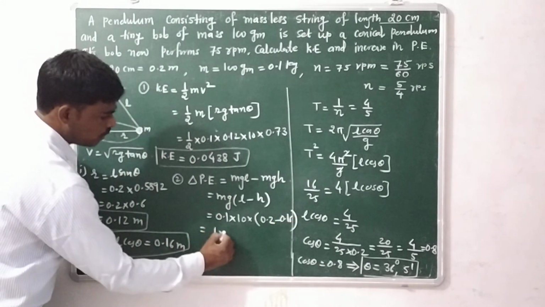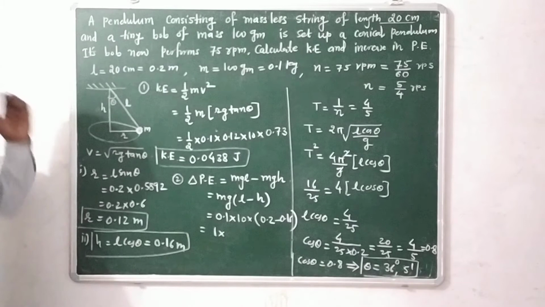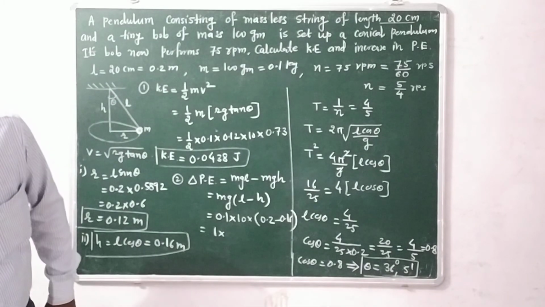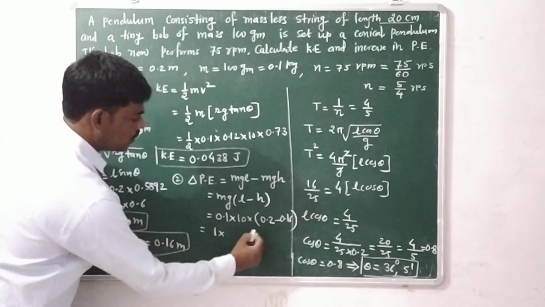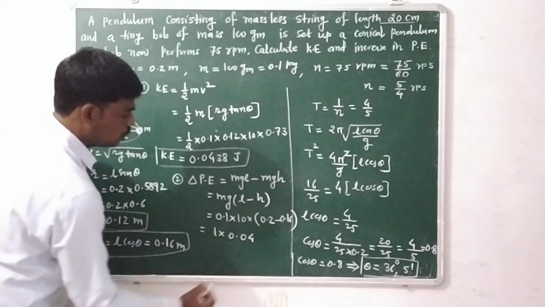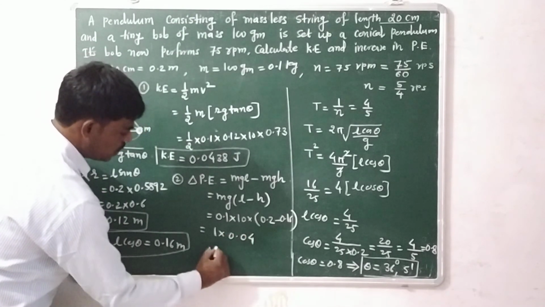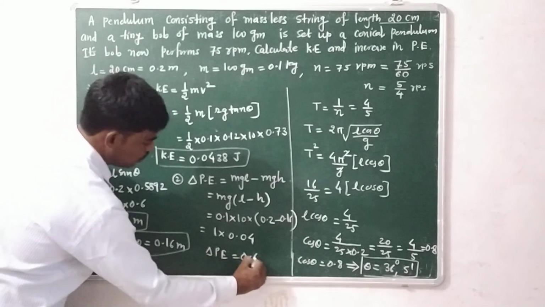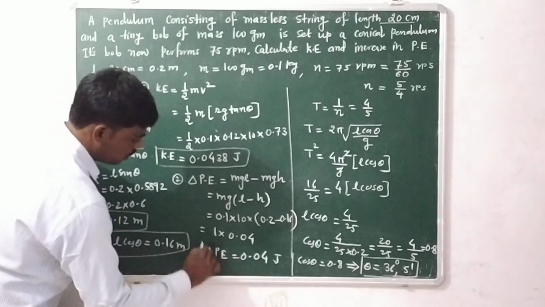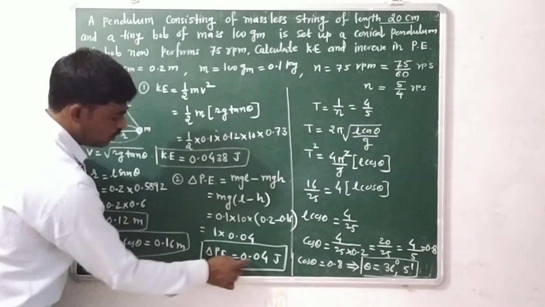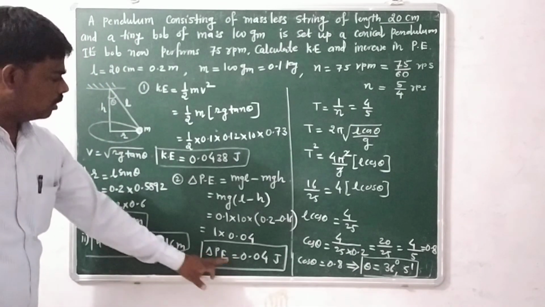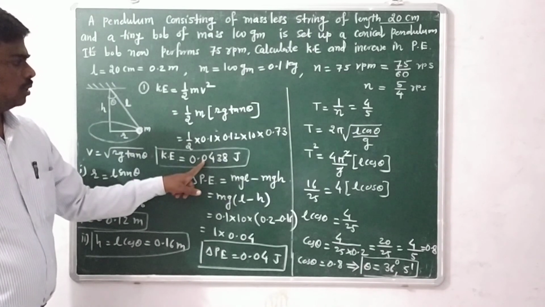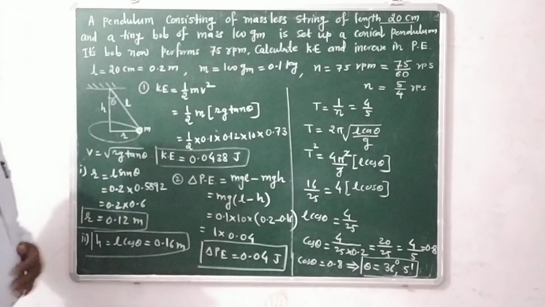So it becomes 1 into 0.2 minus 0.16, which is 0.04. So the change in potential energy is 0.04 joule. This value is also correct in the textbook. The printing mistake is only in the kinetic energy. So this is your solution.